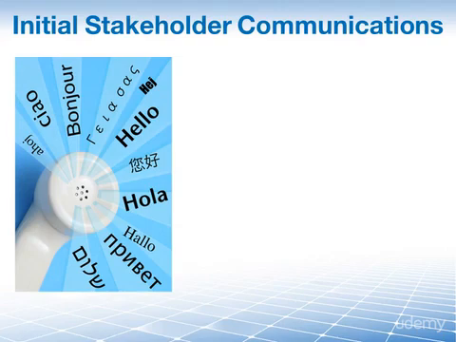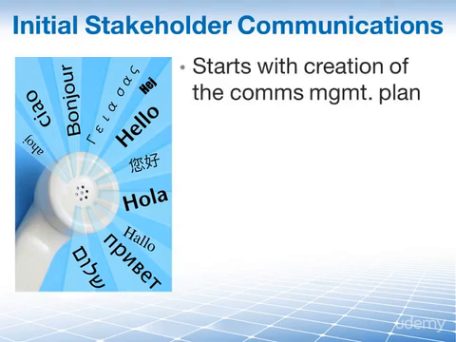And just as there are initial activities and ongoing activities for identifying, analyzing, and engaging stakeholders, well, there are also initial and ongoing activities for communicating with our project stakeholders. The most important initial stakeholder communication activity that you as the project manager must participate in is the creation of the communications management plan at the very beginning of the project.